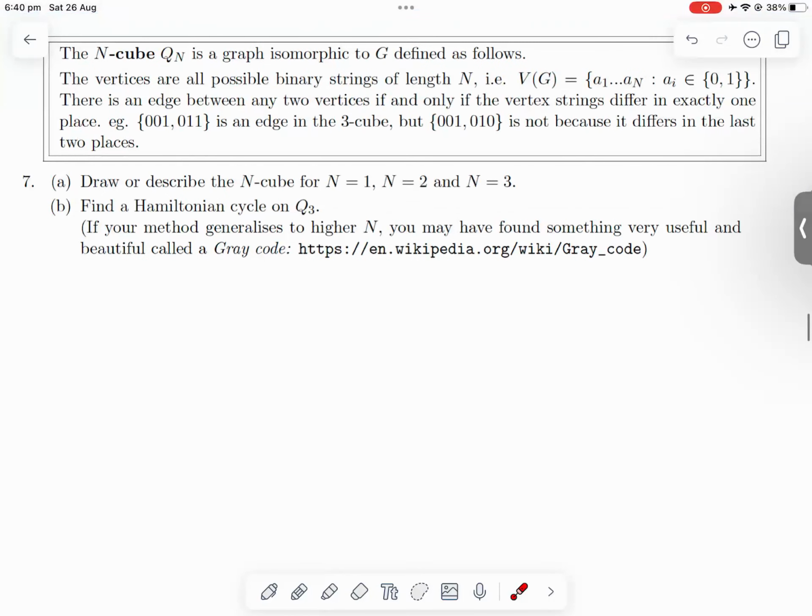Now, here is question 7, part A. I will have n equal 1, so my string will be just 0 or 1.